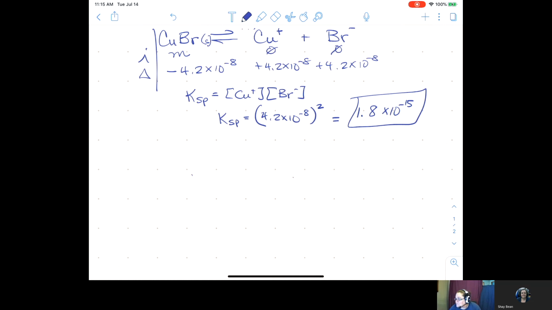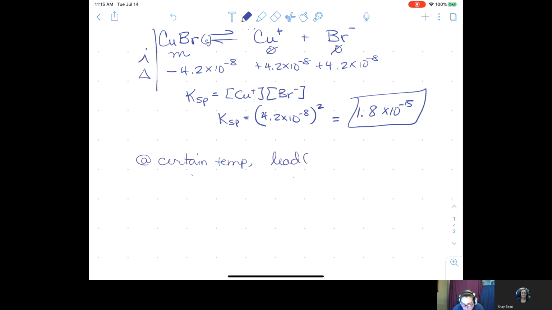Let me just randomly pick a formula. Let's see. An ionic compound, lead 2 phosphate. All right, at a certain temperature, because I'm making up numbers.